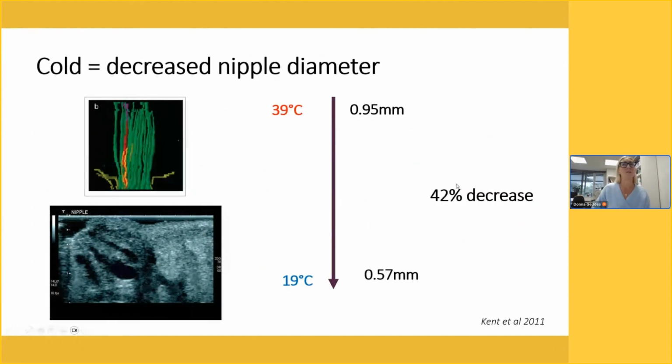You can see that overall, in all of the mums that we studied, we found almost a decrease by half. So cold will help contract the nipple, reduce the duct diameter, and therefore may very well impact milk flow and milk removal.